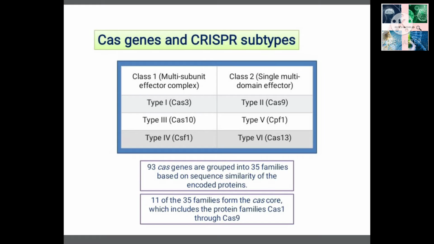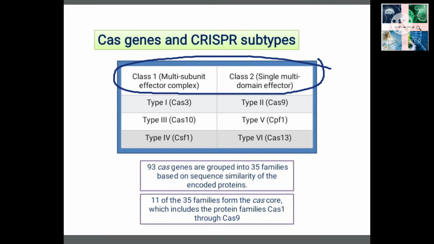According to research, we know 93 Cas genes, grouped into 35 families based on sequence similarity of the encoded proteins. Among them, 11 of the 35 families form the Cas core, which includes the proteins Cas1 through Cas9. These Cas systems fall into two classes, Class 1 and Class 2.